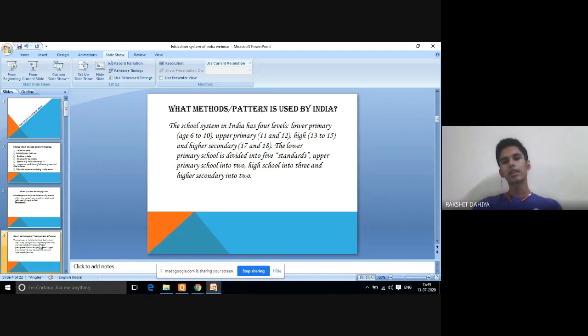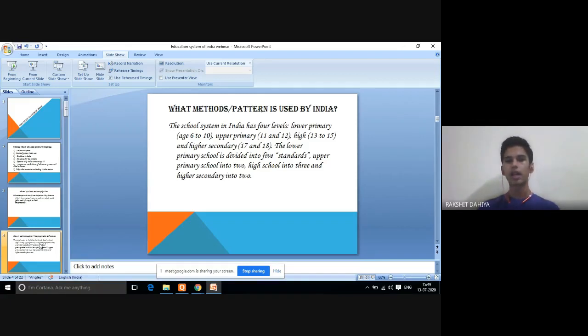What method and pattern is used by India? There's a method 10 plus 2 plus 3, that is up to 10th class, then 11th and 12th, and then 3 years of education. According to the slide, the school system in India has 4 levels. Lower primary, which means first class, second, third, fourth, and fifth class.